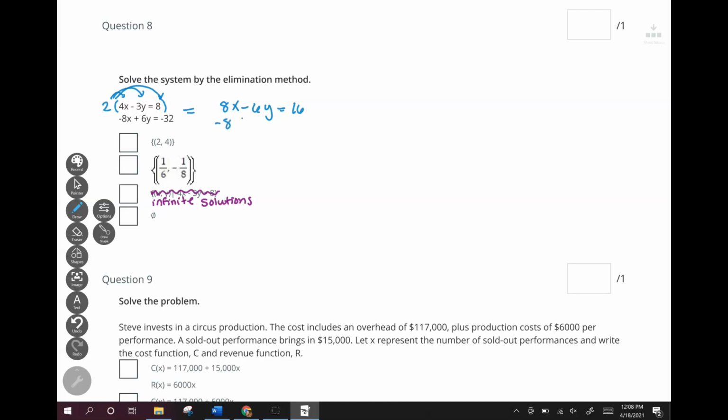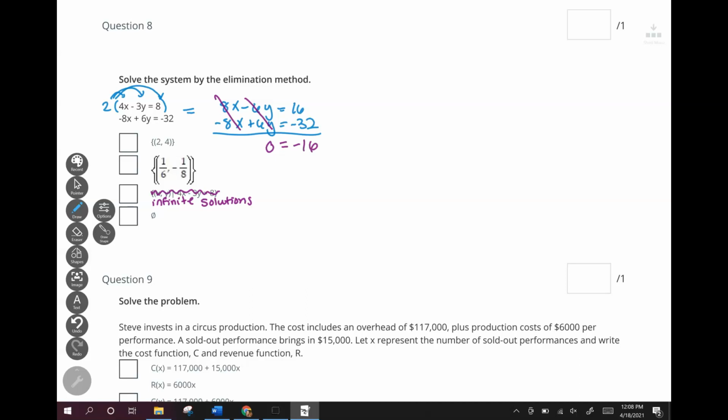Okay, and then -8x plus 6y equals -32. Now we want to cancel those x's. That's why we multiplied by 2. But notice you also have -6 plus 6 on your y's, which cancels as well. So you're left with 0 there. And then my 16 plus -32 is -16.